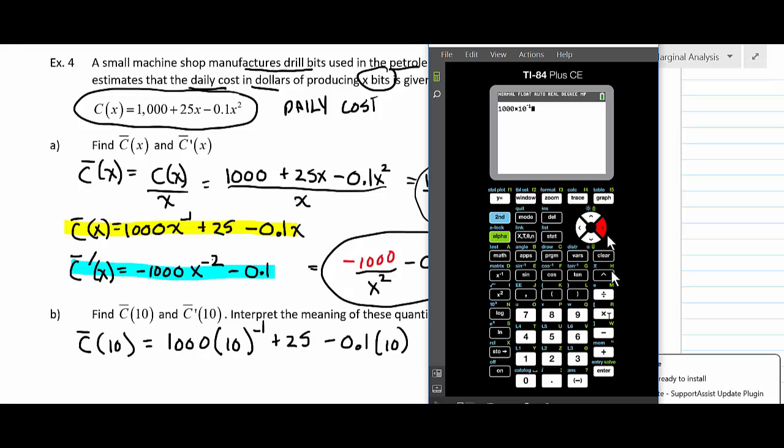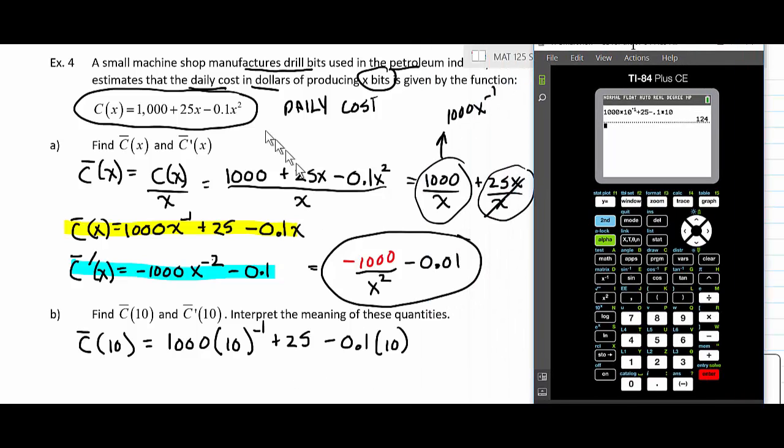And then we'd have plus 25, and then minus 0.1 times 10. Okay, so that's going to give 124 is what you should get there. And that's a cost, so it's 124, and we'll talk about what that means.